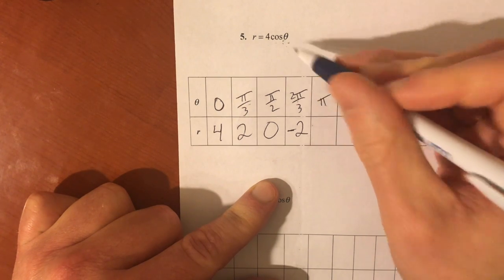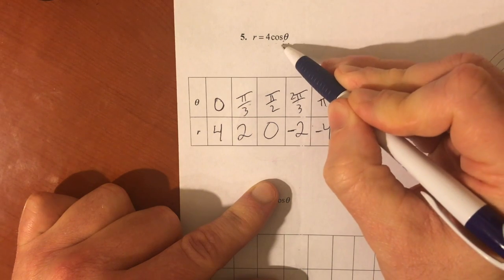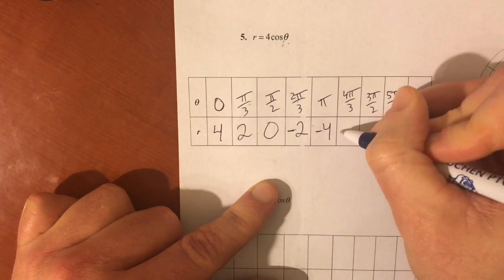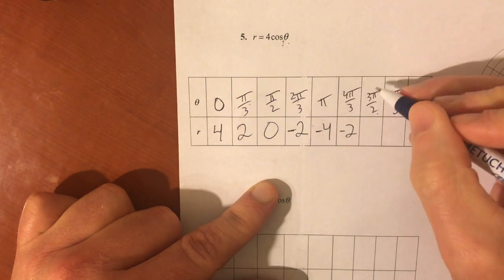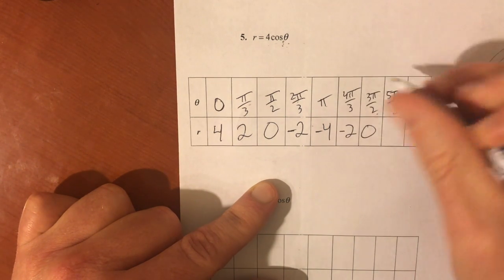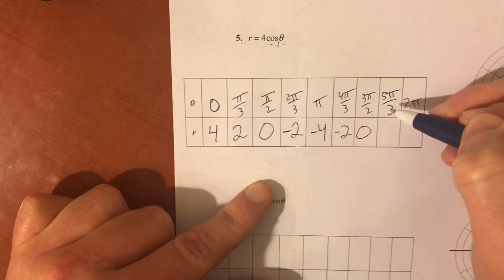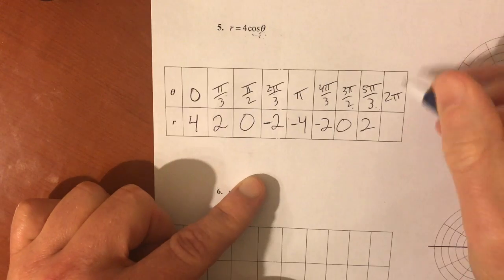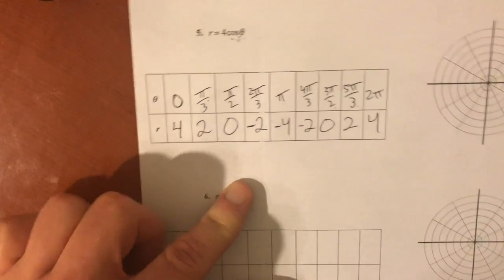Pi, cosine of pi is negative 1, so we get negative 4. 4 pi over 3, cosine is negative 1/2, so negative 2. 3 pi over 2, that's 0. 5 pi over 3, now you're back to quadrant 4 where cosine is positive. So that's positive 1/2, so we get positive 2. And 2 pi, we're back to being 1, so 4.